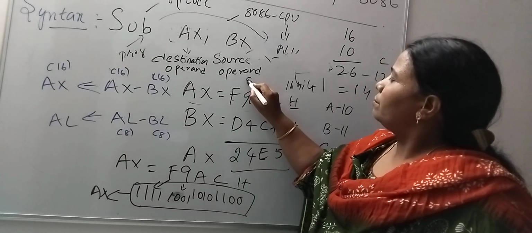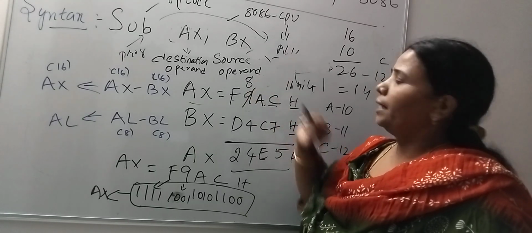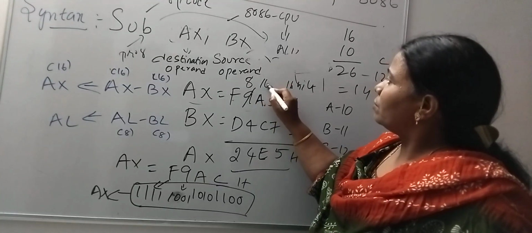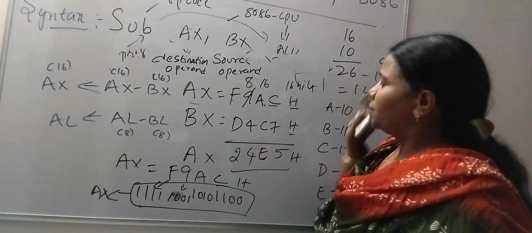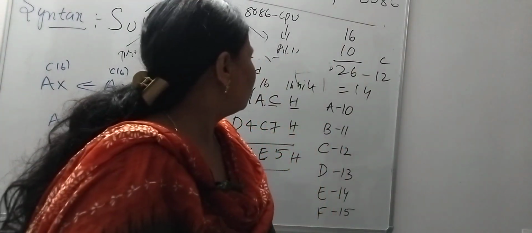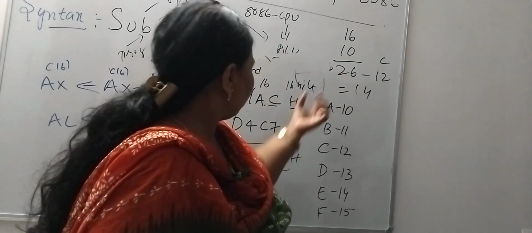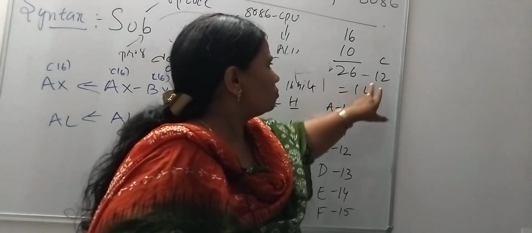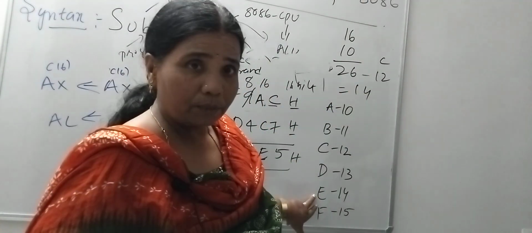Because you are taking one borrow, 9 minus 1 becomes 8. Because you are doing hexadecimal, that borrowed 1 is equal to 16. So 16 plus 10, how much? 26. That 26 you have to subtract with 12. 26 minus 12 equals how much? 14.